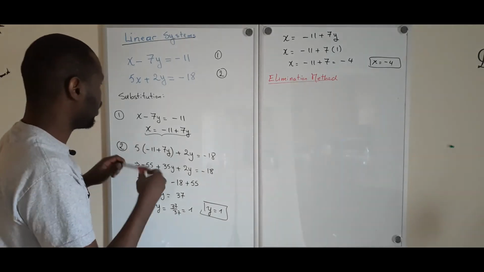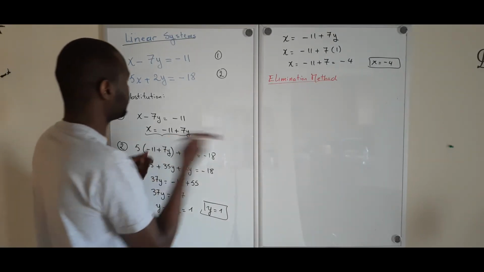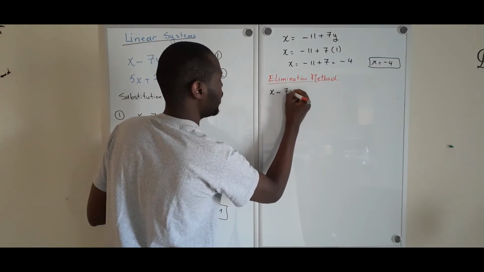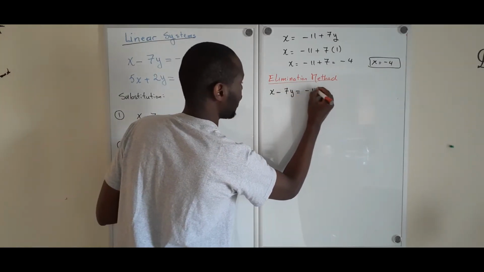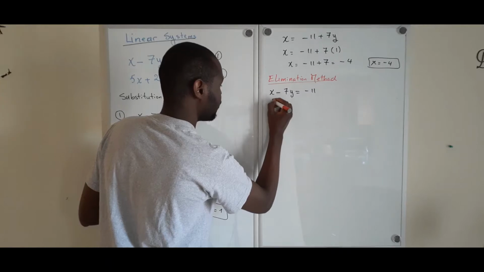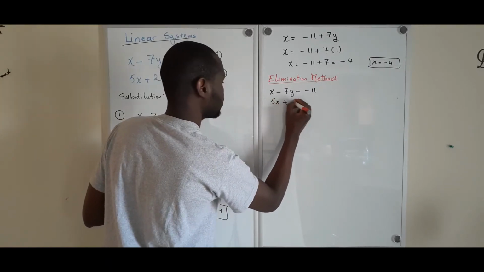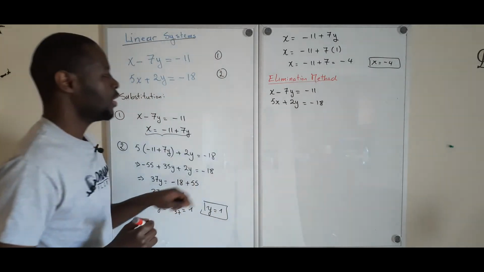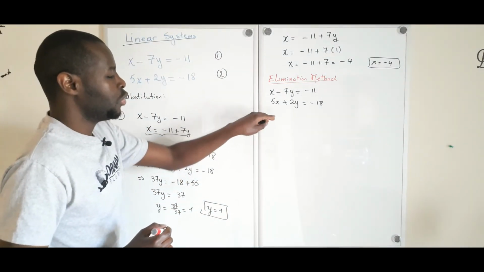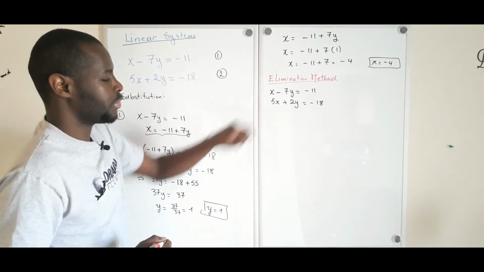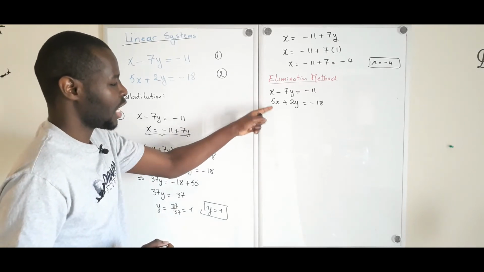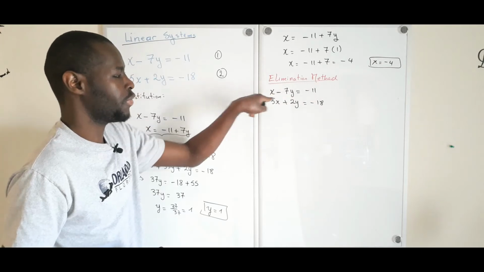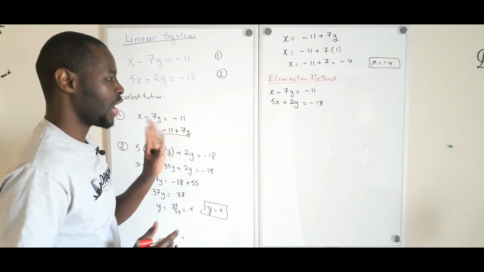So now I will go ahead and rewrite these equations here. x minus 7y equals negative 11, and 5x plus 2y equals negative 18. Okay? What can I do to get rid of the x? I have x here, I have 5x here. I can go ahead and multiply this first equation by 5.